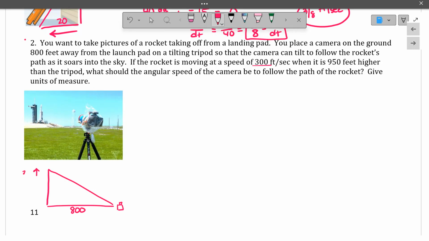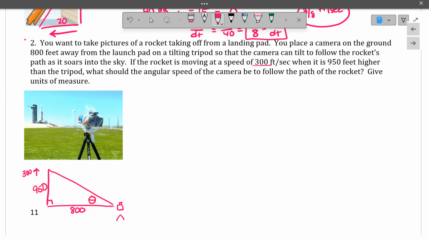So this rocket's going up at 300 feet per second. And that's happening when the rocket is 950 feet higher than the tripod. So we're basically ignoring the tripod, that's fine. The rocket's 950 feet higher than the tripod. What should the angular speed of the camera be to follow the rocket? So the camera's got to tilt to look at the rocket as it shoots off into space.